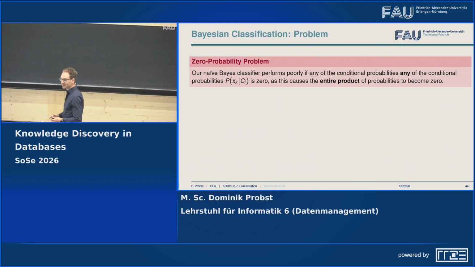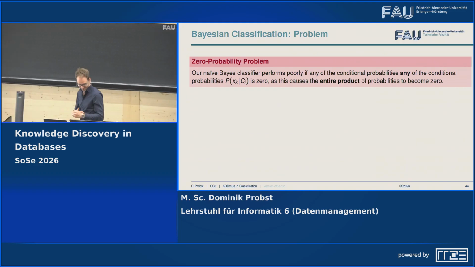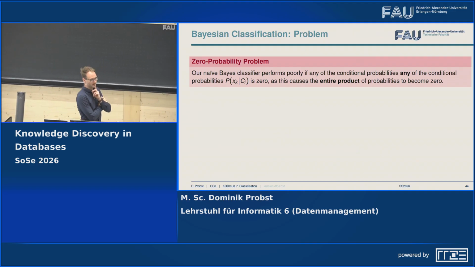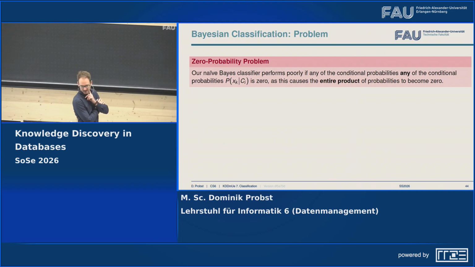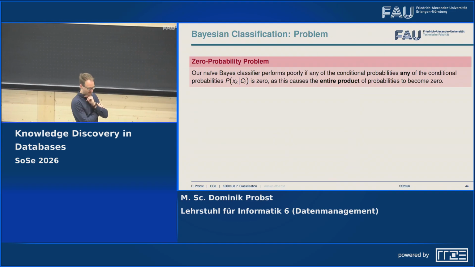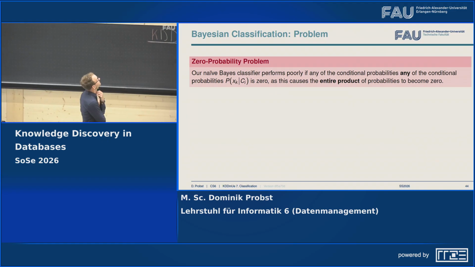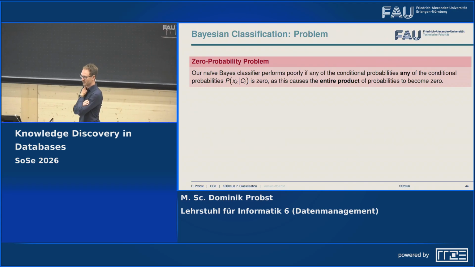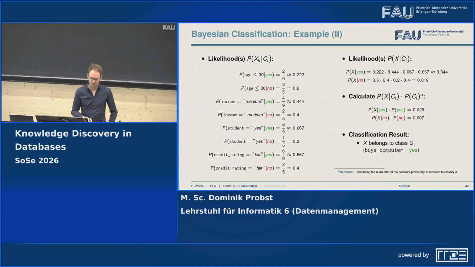Well, then we have one big problem with Bayesian classification, or specifically naive Bayesian classification in our case, and that's the zero probability problem. Of course, there is a case where some of these probabilities might become zero. For example, if we do not have any example of age below 30 and yes in our class.